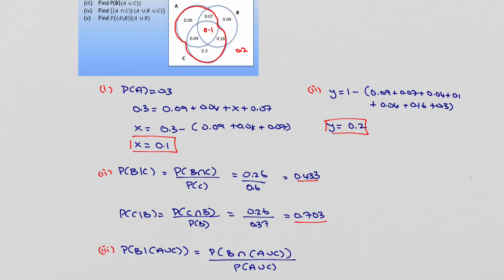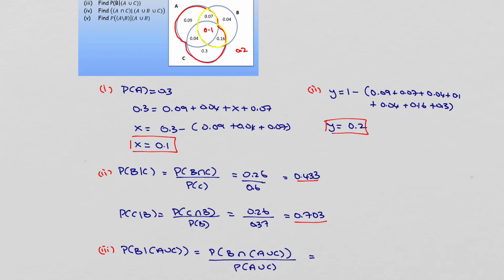And then we have to find, well, what is in common there with B? So if I just shade in what is common in B in yellow there, well, everything in B that's also in A union C is only these three numbers here. So 0.07, 0.1 and 0.16. So therefore that gives us 0.07 plus 0.1 is 0.17.